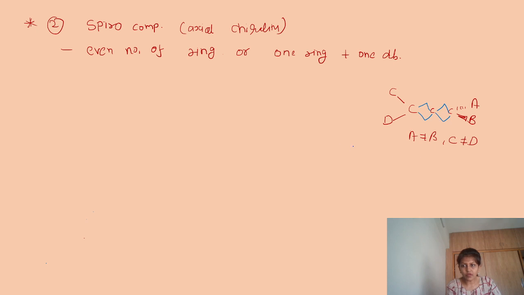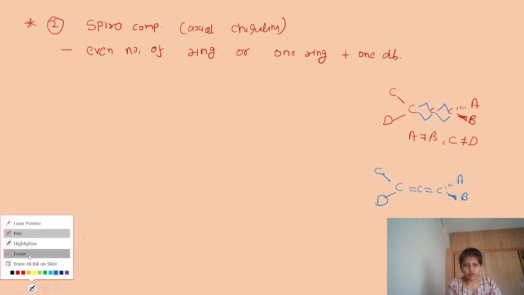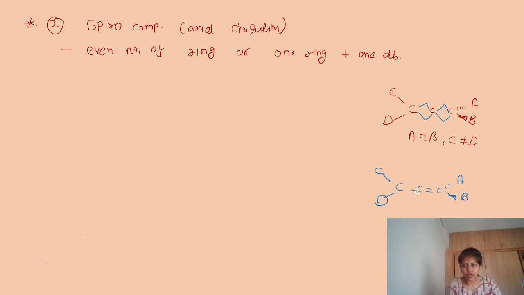Or another example you can give: suppose carbon double bond carbon, I am writing here A, B, C and D. Now, instead of this carbon double bond carbon, only one carbon double bond carbon, if I put one Spiro ring, the condition is that A is not equal to B and C is not equal to D. So this is also a Spiro compound, right?